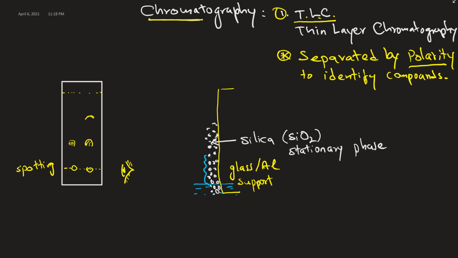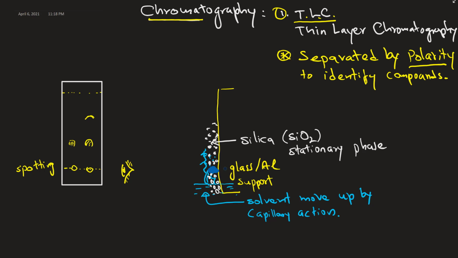Then you're going to add the solvent, the blue one. The solvent is going to crawl up because of the capillary action of the solvent in between these SiO2 particles. And the solvent moves up. As the solvent moves, if we have a spot, let's say black ink, the spot will be on the spotting line where the spots are.